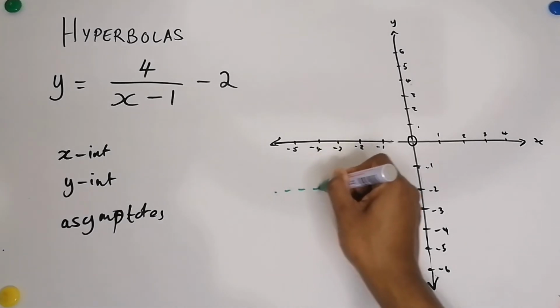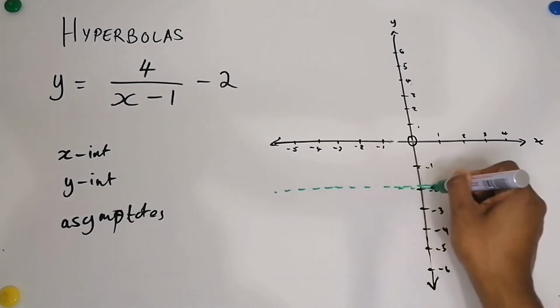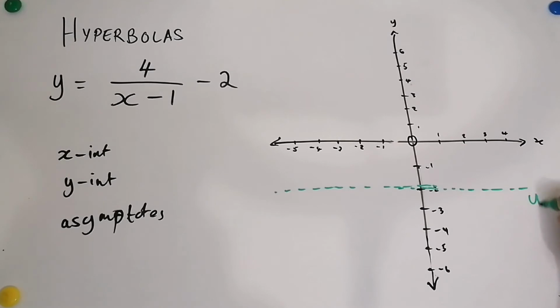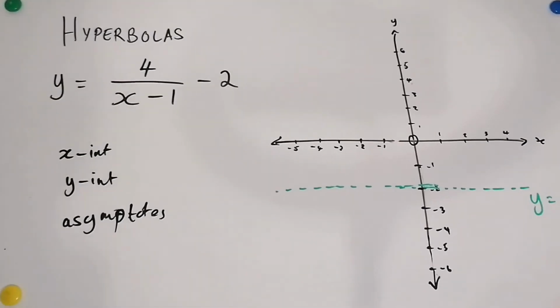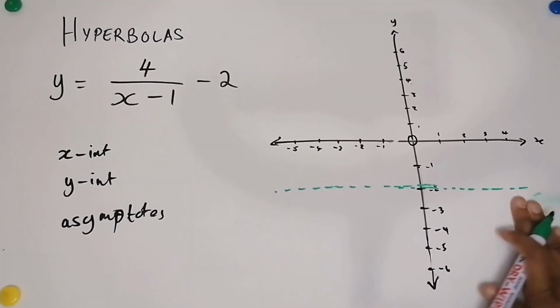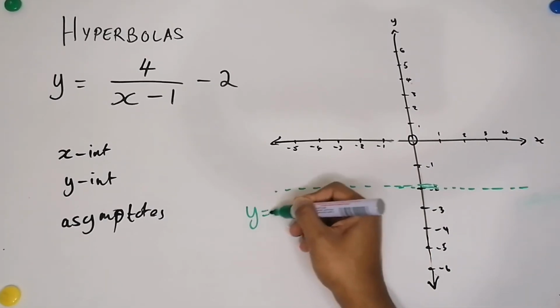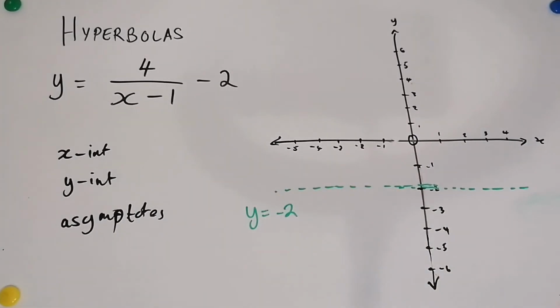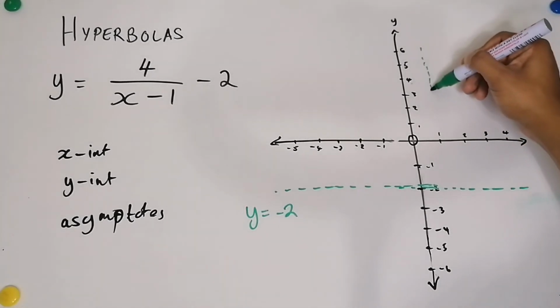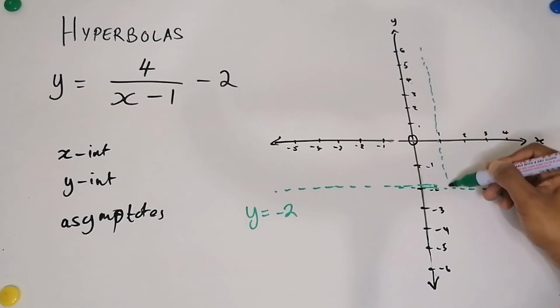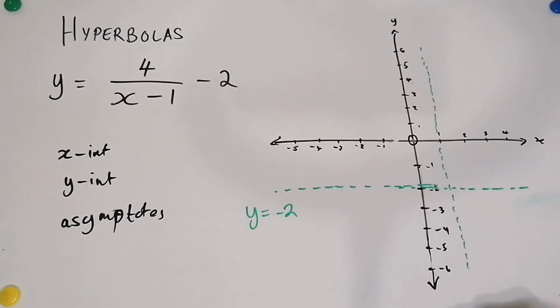Let's start with the y asymptote, that's the horizontal one. y is equal to -2. Then the x asymptote, that's the vertical one, which shifted 1 unit to the right. It should be a completely vertical line: x is equal to 1. And that came from our p and q values.